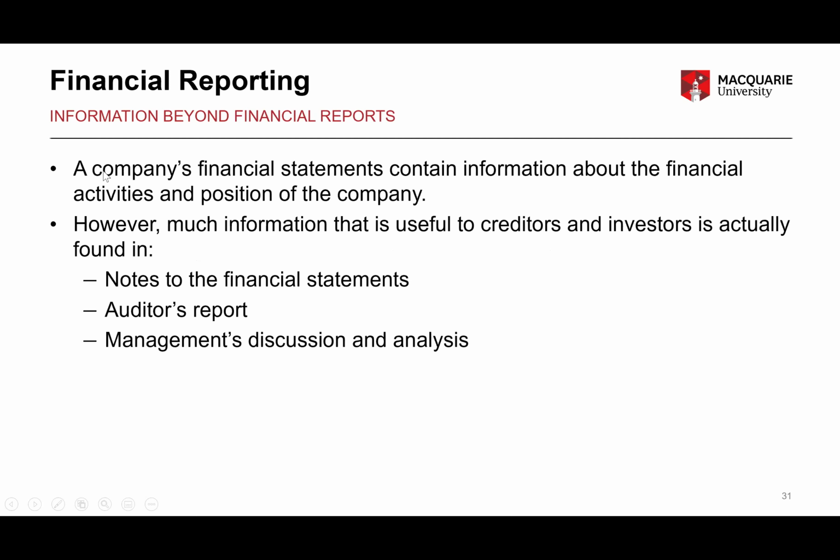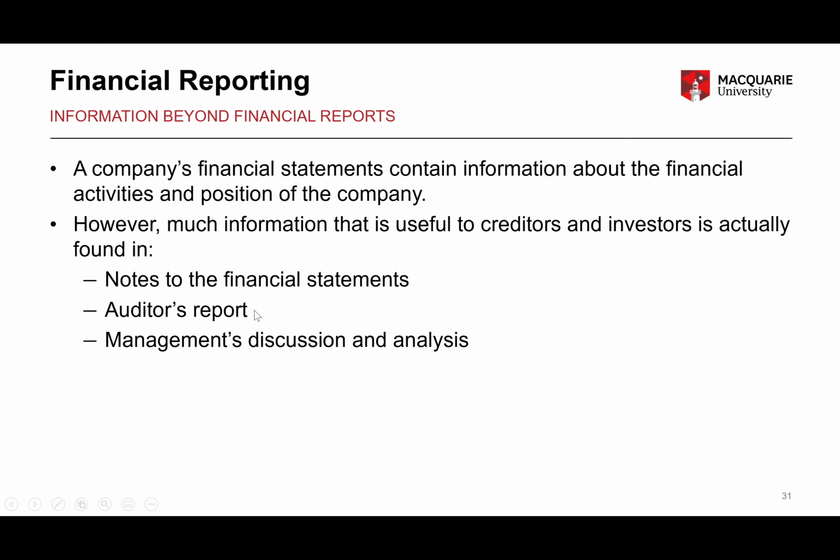All right, so we've talked about financial statements: the income statement, balance sheet, statement of cash flows, and statement of changes in owner's equity. That contains information about financial activities and position of the company, and we'll see that in the annual report. But a lot of other very important information is found, as we've said, in the notes to the financial statements, but also in the auditor's report.